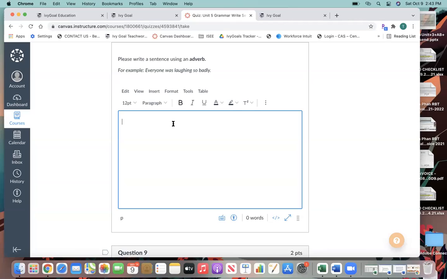It'd be easier to think of an action word first, a verb first, and then you can use something to describe it once you've decided on one. Everyone was crying so sadly. Aw, crying so sadly.